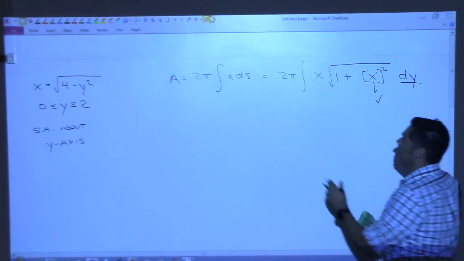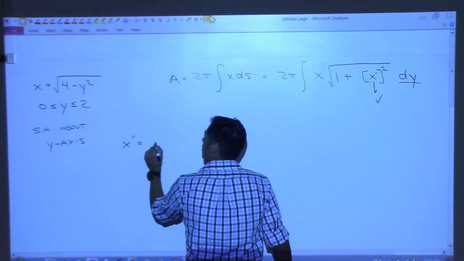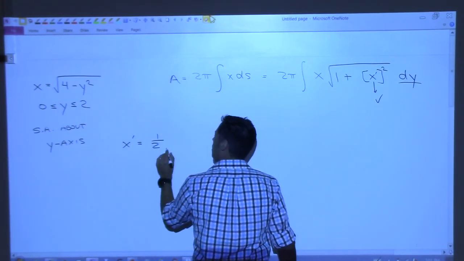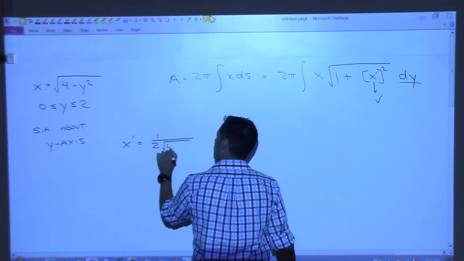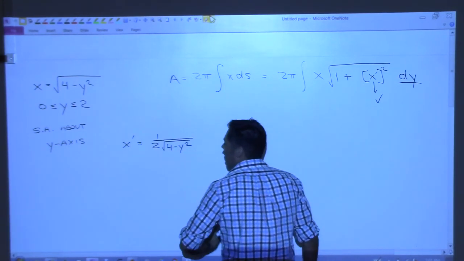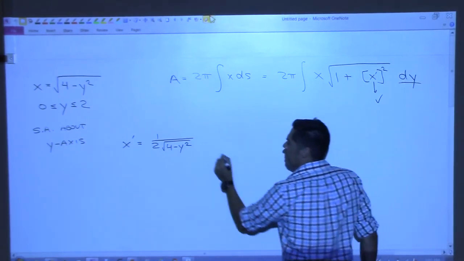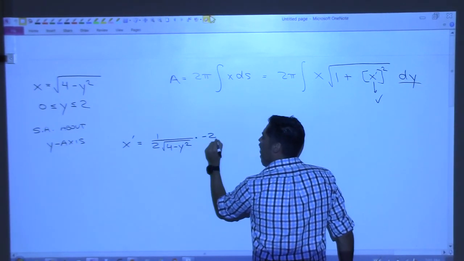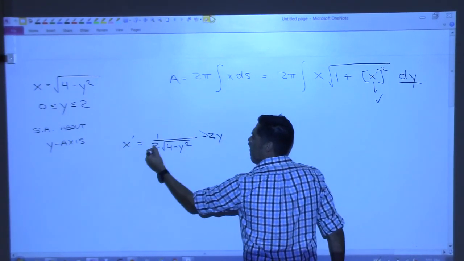So let's do that. Let's find our derivative. x prime is 1 over 2 square root of 4 minus y squared. So that's the derivative of a square root of something, then times the derivative of what's inside. So negative 2y, right? The 2s go away.